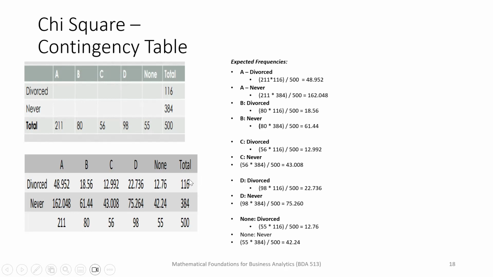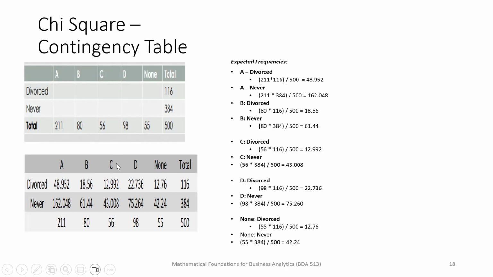So that's 80 times 116 divided by 500, which gives us 18.56. And for never divorced, it is 80 times 384 divided by 500, which gives 61.44. So that's what we have here.